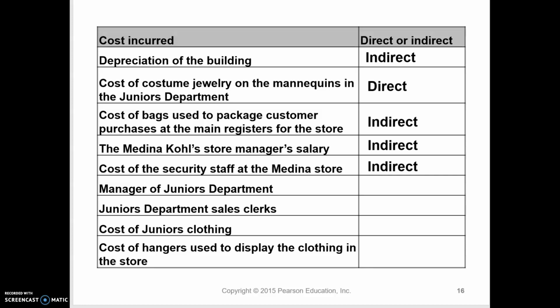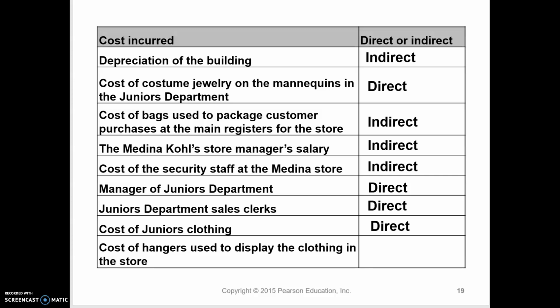The manager of the juniors department, that would be a direct cost. That cost is being incurred solely for the junior department. The junior department sales clerks, that would be a direct cost as well. The cost of the juniors' clothing, that would be a direct cost. That pertains just to the department itself.